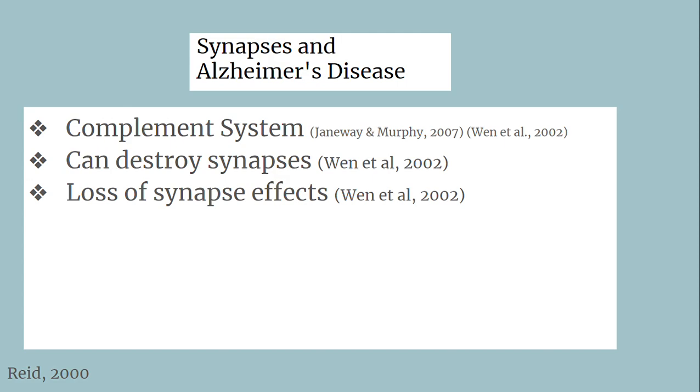But when this C1q, when this protein is activated, and we have a lot of it, and we have a lot of C3, another protein, they're upregulated with the excitatory postsynaptic marker PSD35.